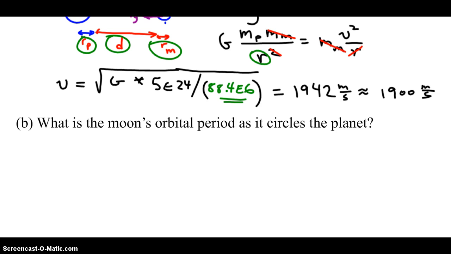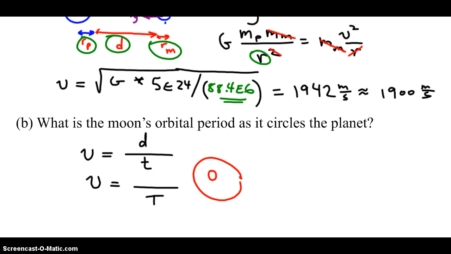Then we find the orbital period. Speed is distance over time. And let's see, I'll do the second line. If I plug in a time of the orbital period, that's the time it takes to go once around the circle. The distance that we travel as we go once around the circle is a circumference.